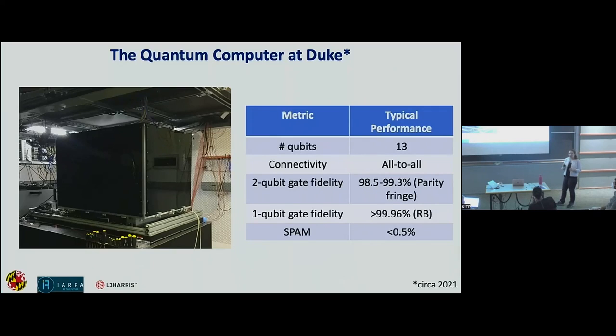Those XX gates are typically around 99%, and our single-qubit gate fidelity is over 99.9. And then we have some small SPAM. So this is the picture of the system that we're going to be working with and the data I'm about to talk about. So this would be a good place to stop for questions, actually.